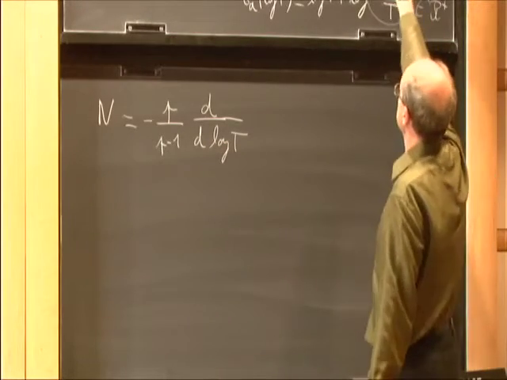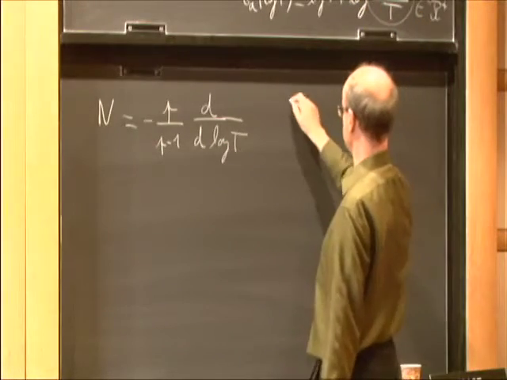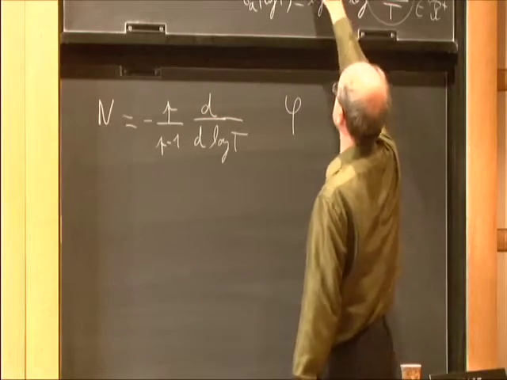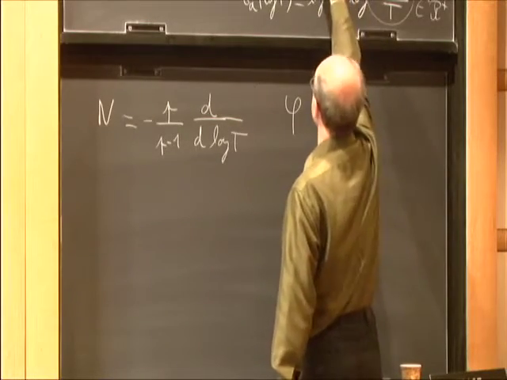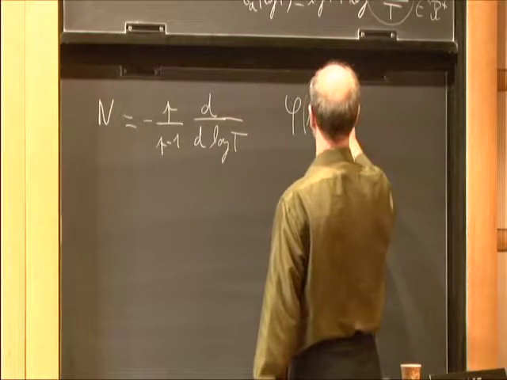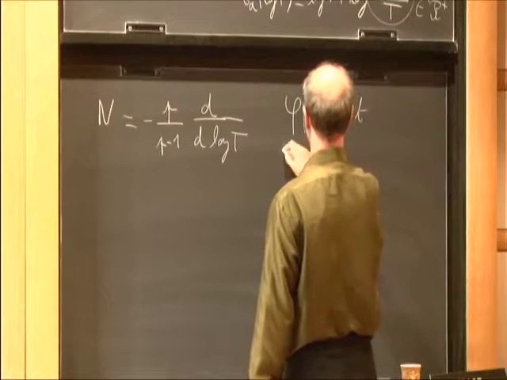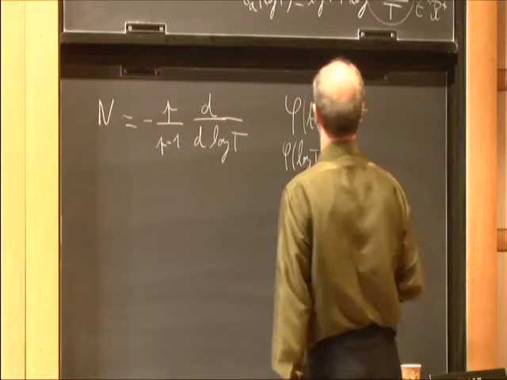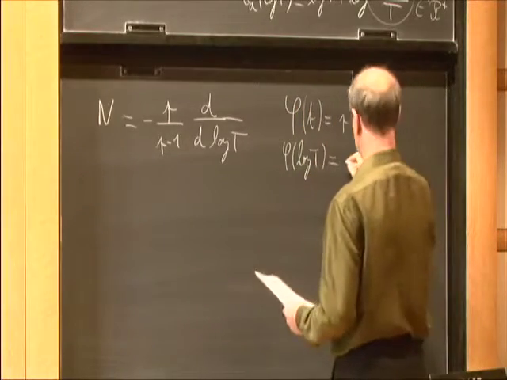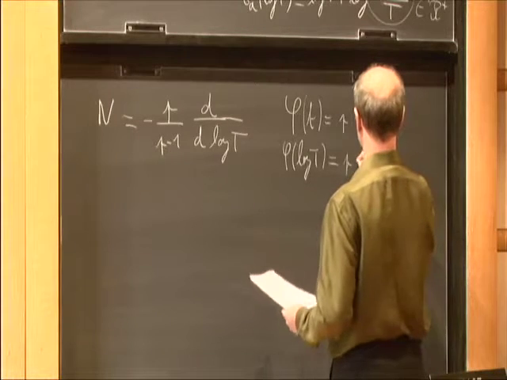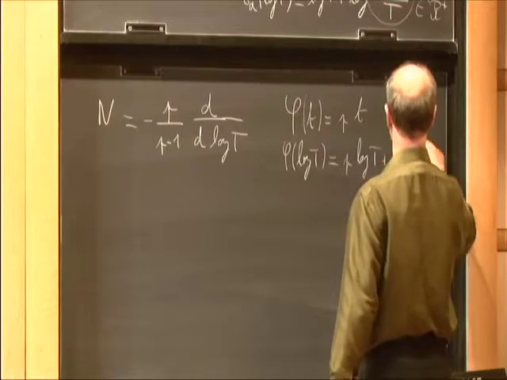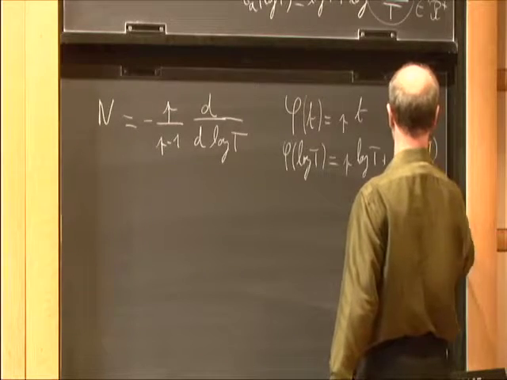And then on this space, you also have a Frobenius. So you have phi of t, which is pt, and you have phi of log t, which is p log t plus log of phi of t over t to the p.